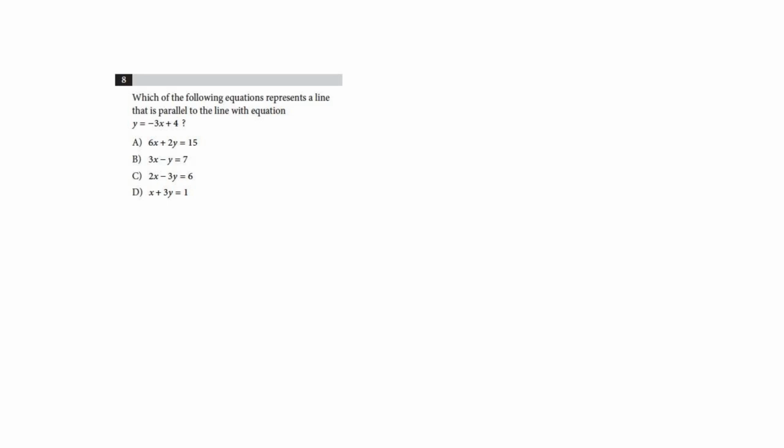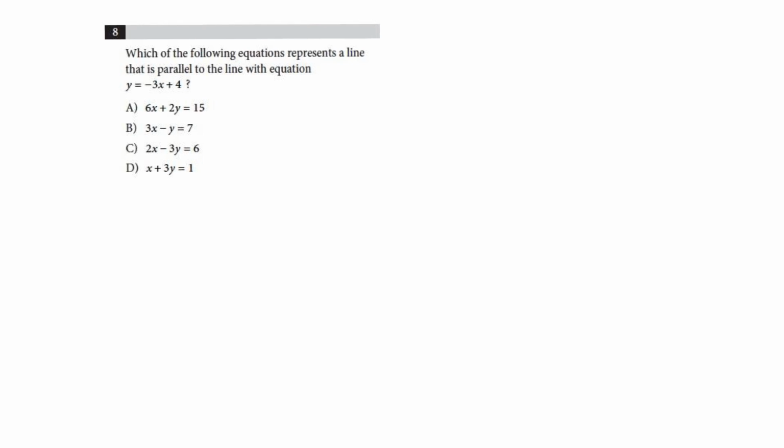Okay, 8. Which of the following equations represents a line that is parallel to the line with the equation y equals negative 3x plus 4? Well, what do we know about parallel lines? Parallel lines have the same slope.